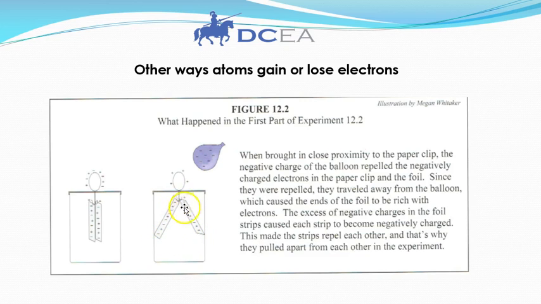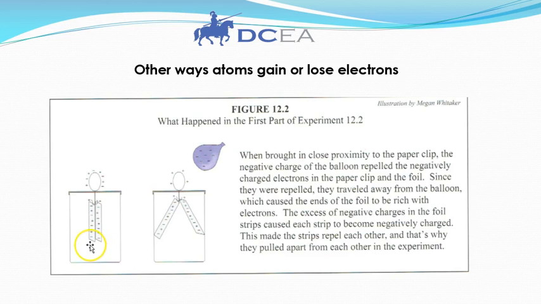They were balanced originally with negative and positive charges. And when the balloon was brought in close proximity to the paperclip, or this coil, the negative charge of the balloon repelled the negative charges in the coil, in the aluminum foil.